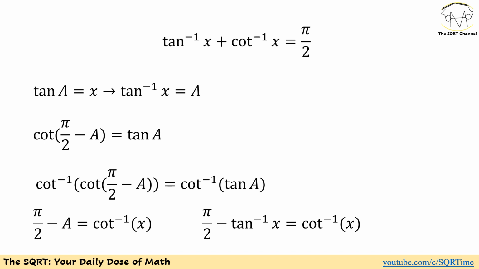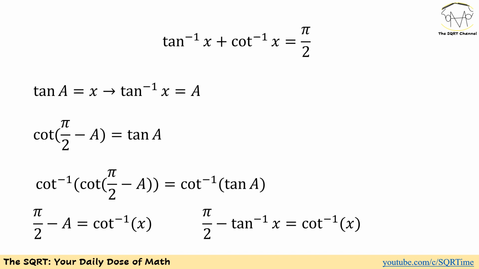If we take inverse cotangent from both sides, the left hand side is going to be pi over 2 minus a and the right hand side is going to be inverse cotangent of tangent of a. And remember, tangent of a is x, so it's going to be inverse cotangent of x.